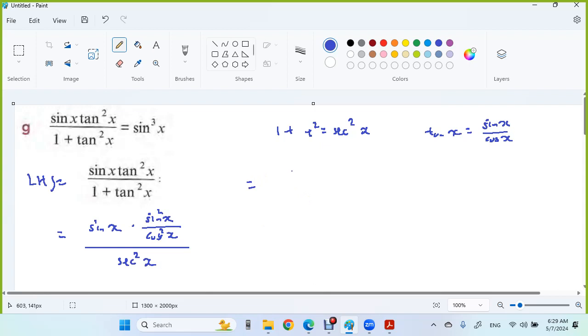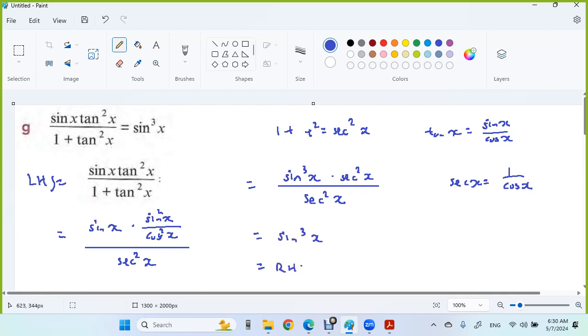So it will become the sine cube x multiplied with the secant square x over the secant square x. We know that the secant is 1 over cos, so we have the sine cube x, that is the right hand side.